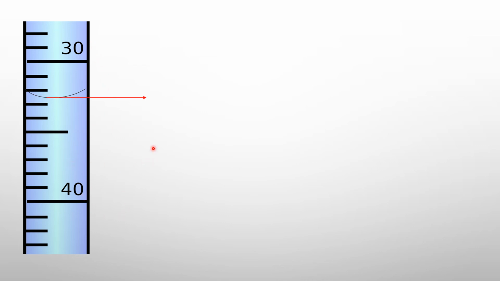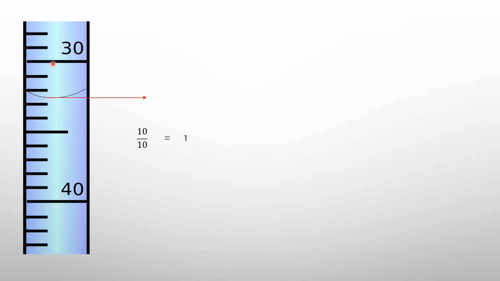So we are going to have 10 divided by 10 because we have 10 divisions between them. That's 1, 2, 3, 4, 5, 6, 7, 8, 9, 10. So there are 10 divisions, therefore 10 divided by 10 gives a value of 1. So what it basically means is that each of these lines has a value of 1.